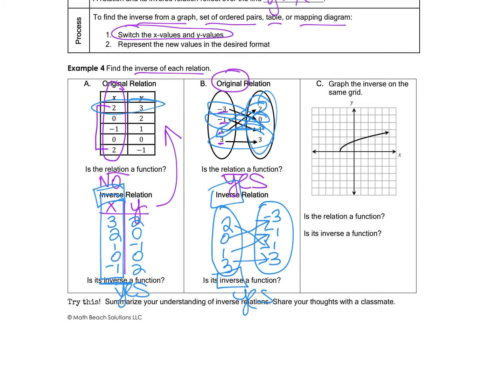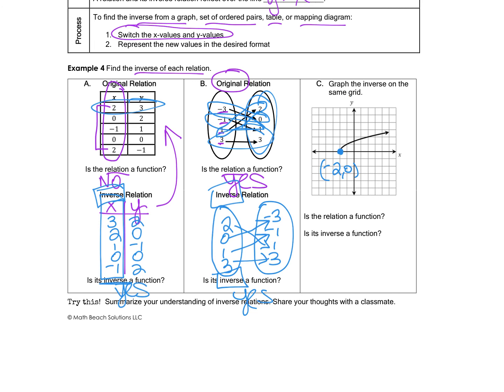Okay, so now we're going to look at our part C. We're going to graph the inverse on the same grid. Okay, so what I would do is I would find some points that are on your graph here. So this is -2, 0.